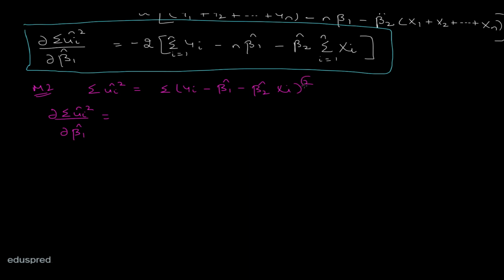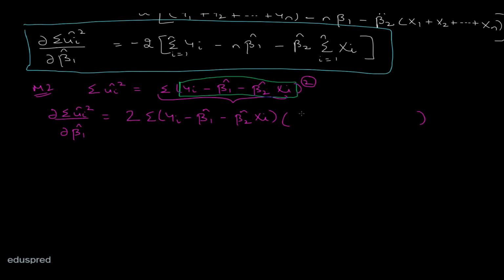Now it is going to work in the same manner. So we have a 2 over here, so when you do the differentiation, this 2 will come over here, then this will remain as it is. So we will have 2 summation yi minus beta 1 hat minus beta 2 hat xi, and now using chain rule you have to multiply this with the differentiation of the term that is inside the bracket. As I told you in method number 1, yi is representing the y values that we have in our sample data.